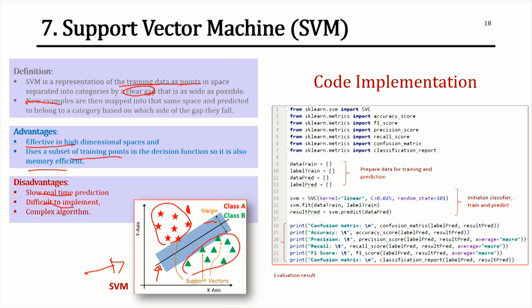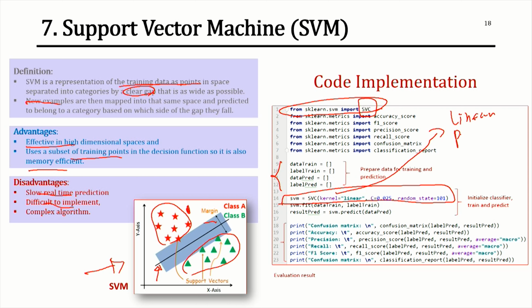And how do we implement this using sklearn? We can import this classifier using these statements, from sklearn.svm, and from svm it has the support vector classifier, which we call SVC. Next we do the same procedure. We prepare our training data and initialize the classifier using some set of parameters. We have the kernel. In SVM there are different kernels. We have the linear kernel, we have the poly kernel, and some other types of parameters.